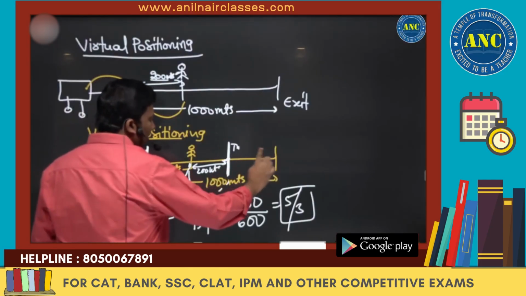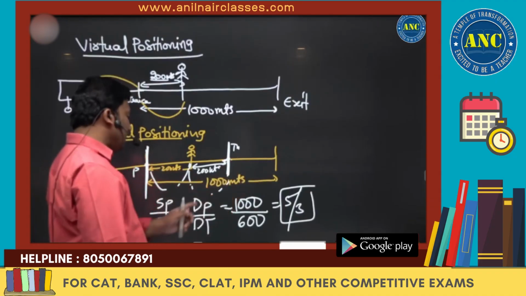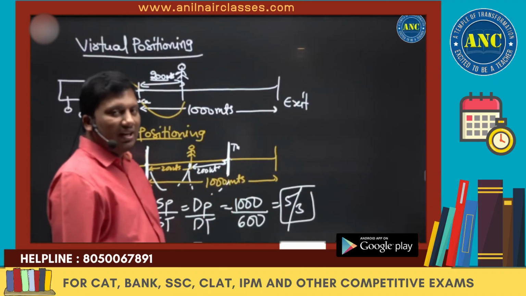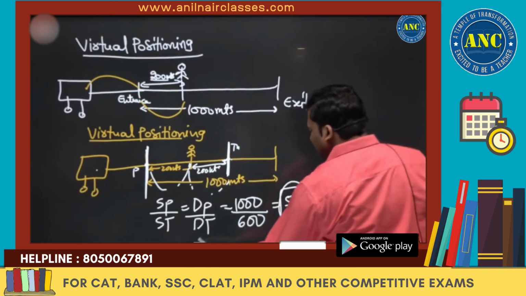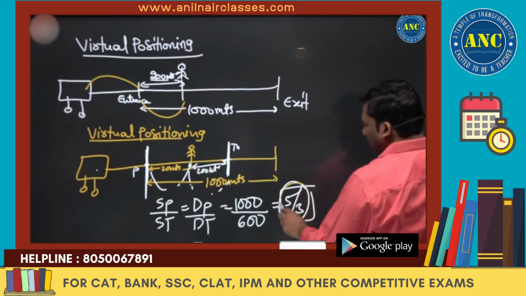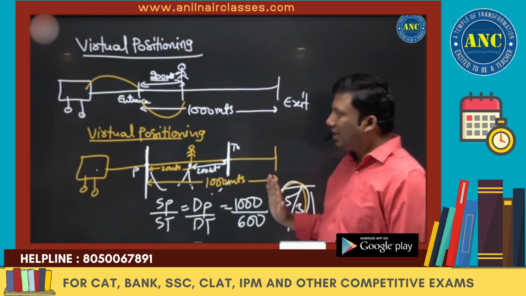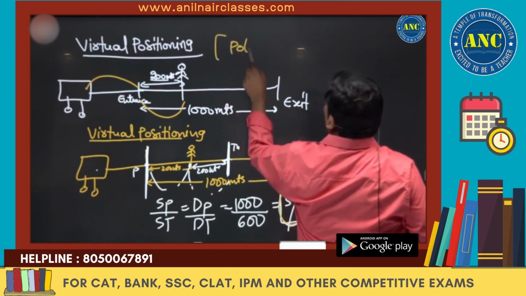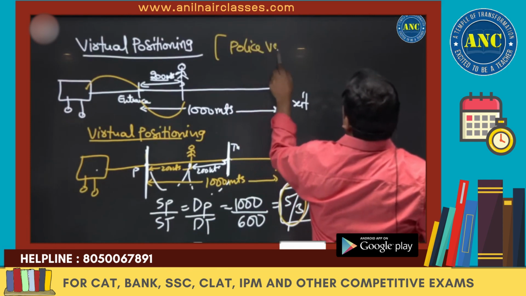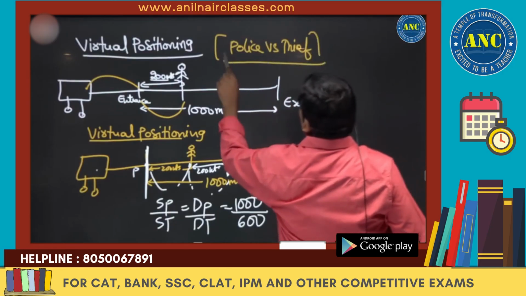So the police cover the entire 1000 and the thief covers the remaining 600. 1000 by 600 is 5 by 3. The answer for this question is 5 by 3. I hope the idea is very clear to you. A very interesting concept of using virtual positioning in arithmetic related problems.